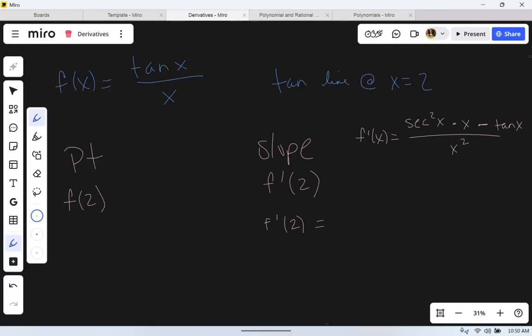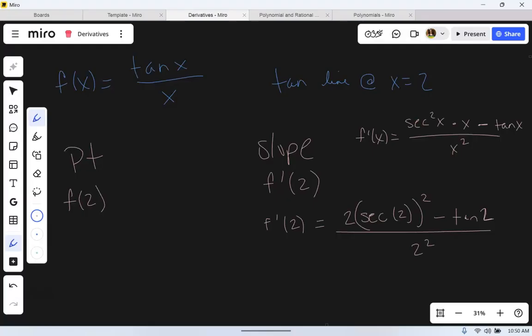Okay, this is not a unit circle value. I'm sorry, you got to use your calculator. This does come up frequently and you need to know how to do it. So how do I use my calculator to find this? Secant is 1 over cosine.